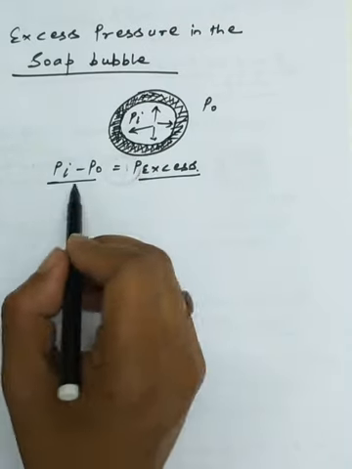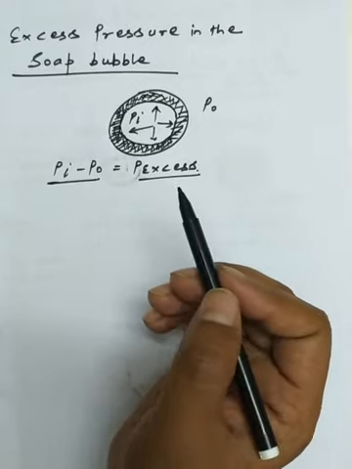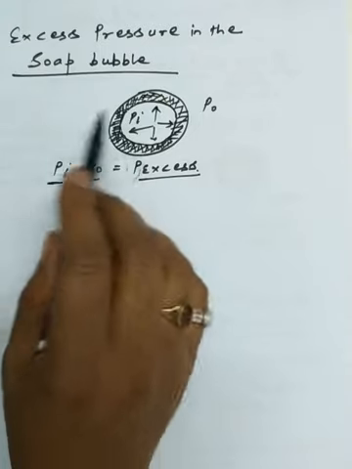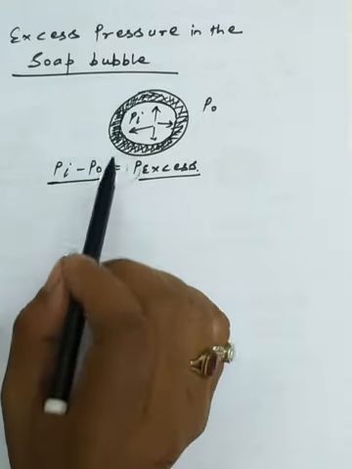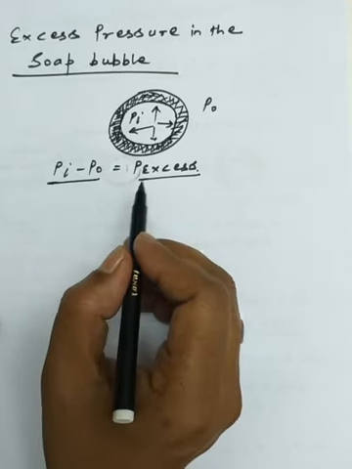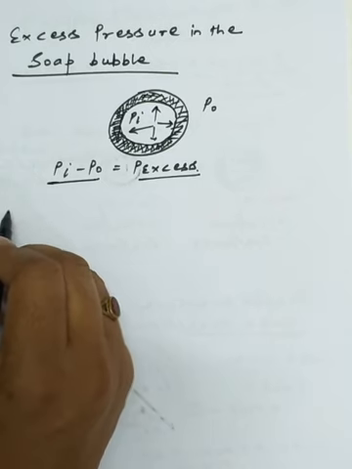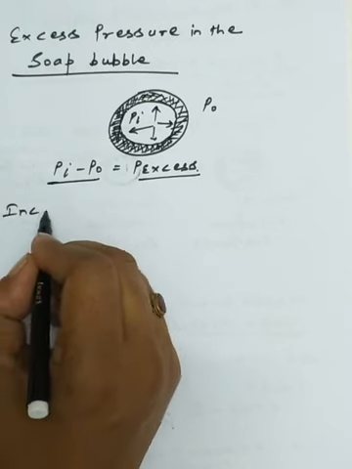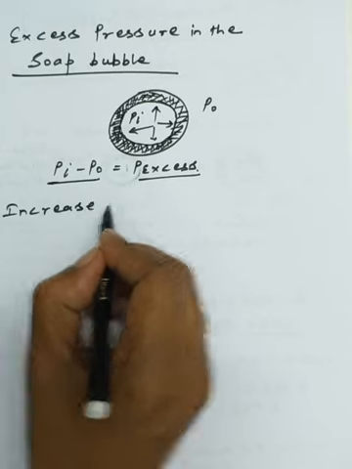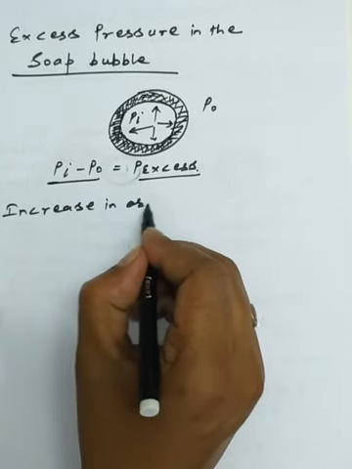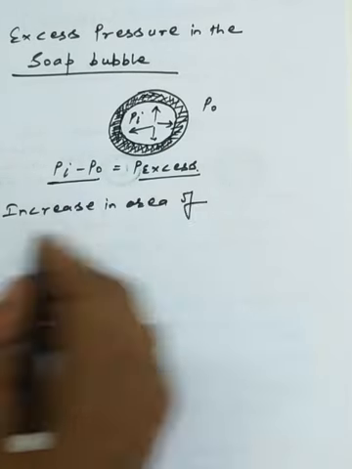This pressure difference is known as the excess pressure we have. Whenever we discuss a soap bubble, whatever area we get increases two times. So here we are making the concept of the increase in area of a soap bubble.